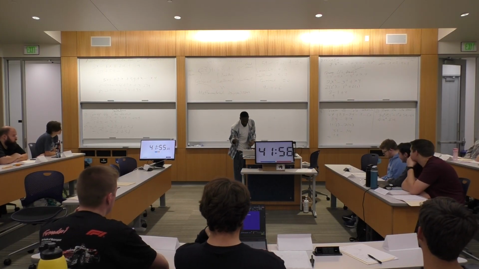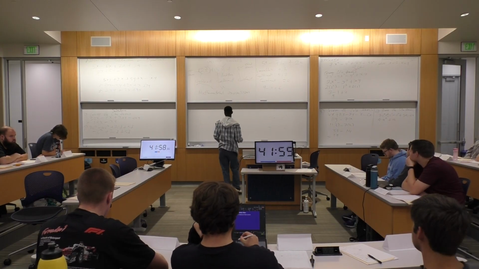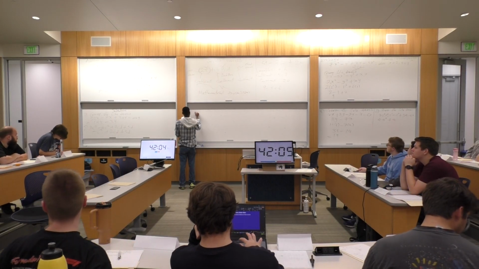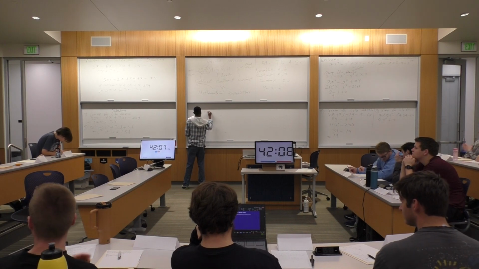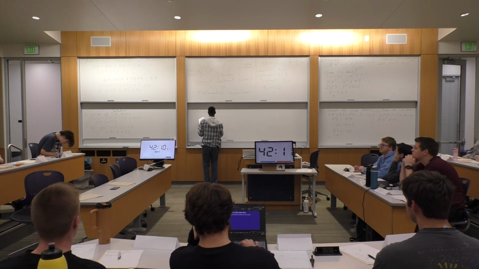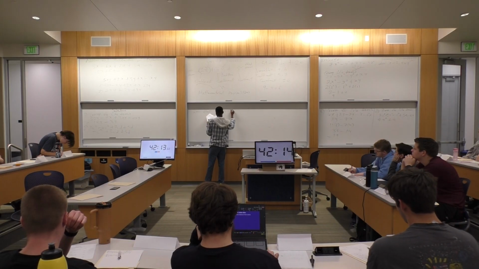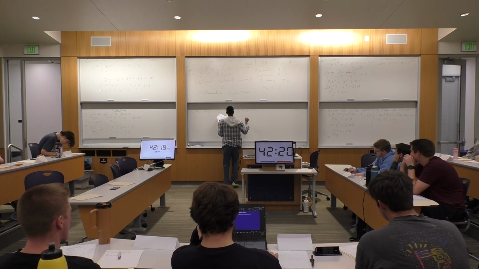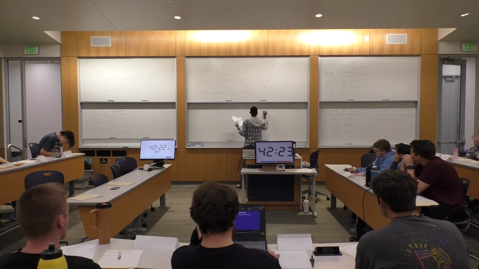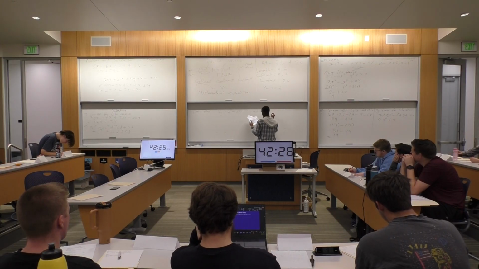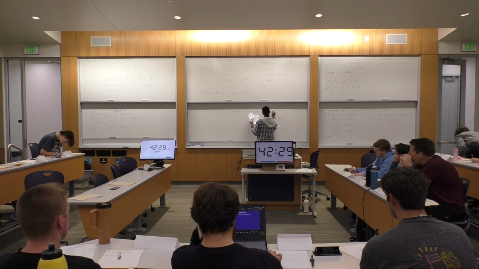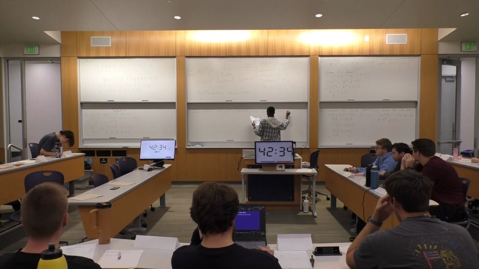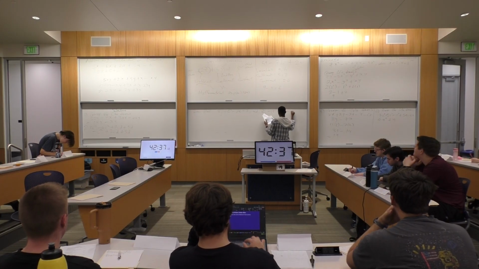So, you could be given this. Given that Z1 is equal to t squared minus 8t minus 7, and Z2 is equal to t squared plus 5t minus 6.